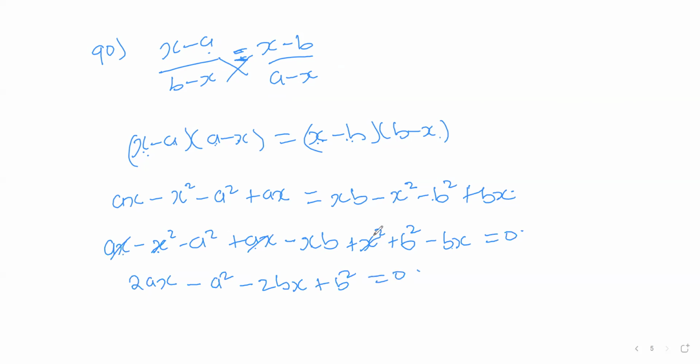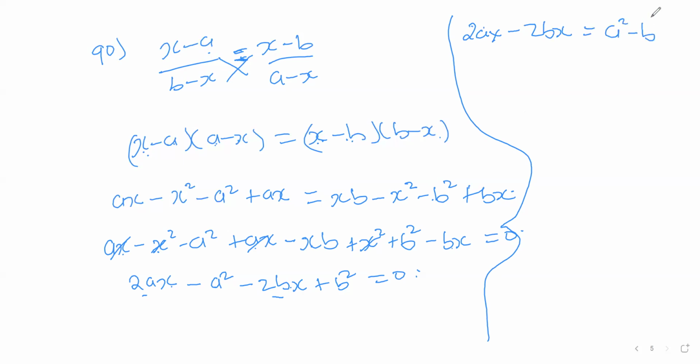So we want to collect the terms in x together. These are the two terms in x. First of all, we move the constants to the other side, and we get 2ax minus 2bx equals a squared minus b squared.